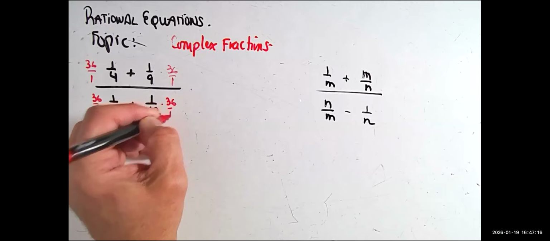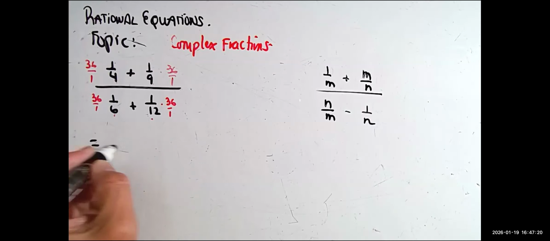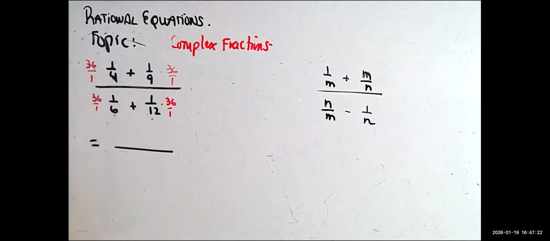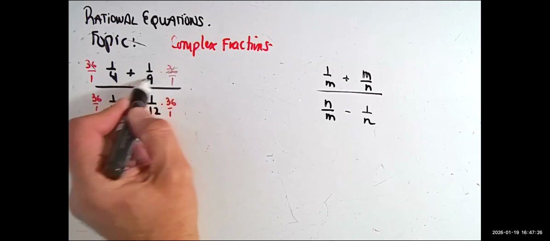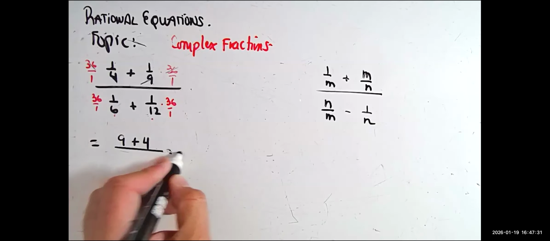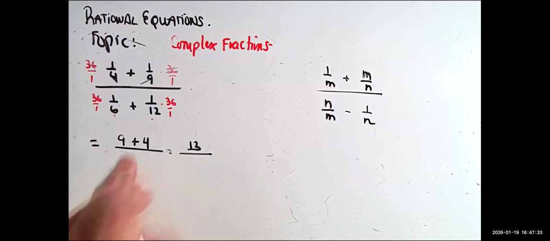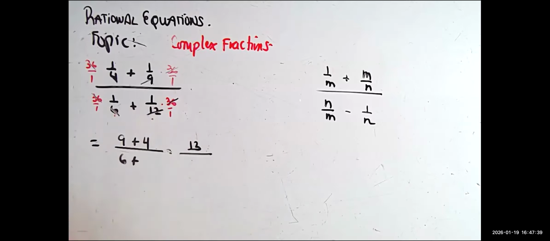So let's see what type of damage we made. 36 divided by 4 is 9, plus 36 divided by 9 is 4. That would be 13. Done with the numerator. 36 divided by 6 is 6, plus 36 divided by 12 is 3. 6 plus 3 is 9. So the answer would be 13 over 9, and we're done.